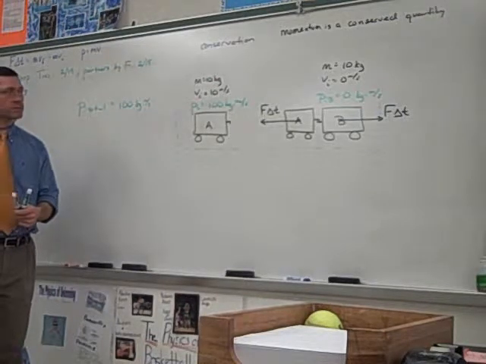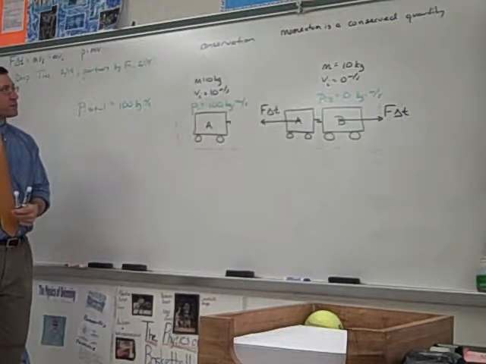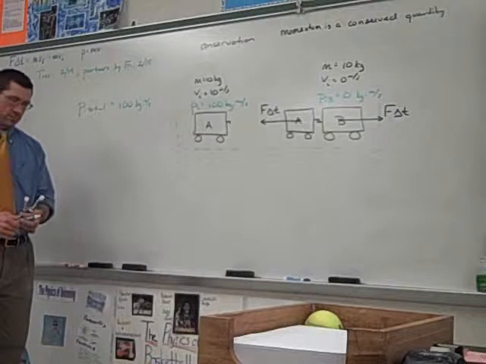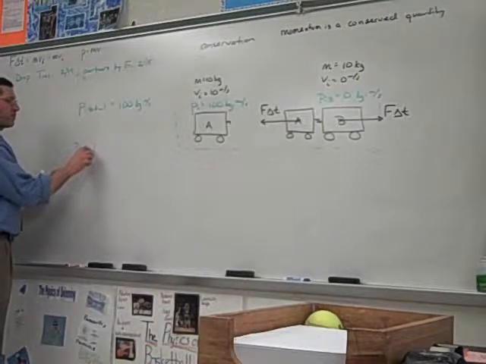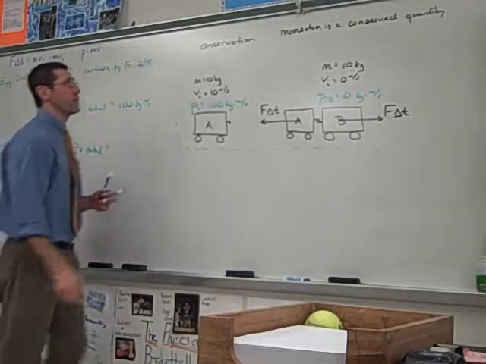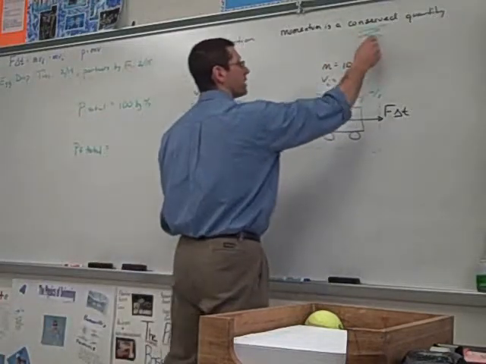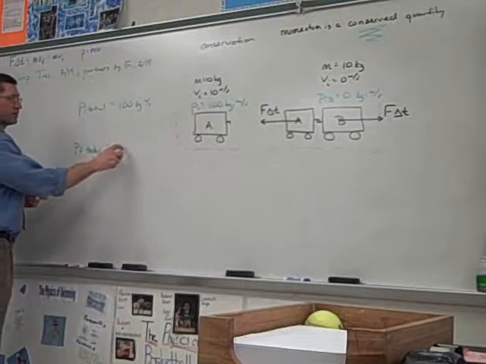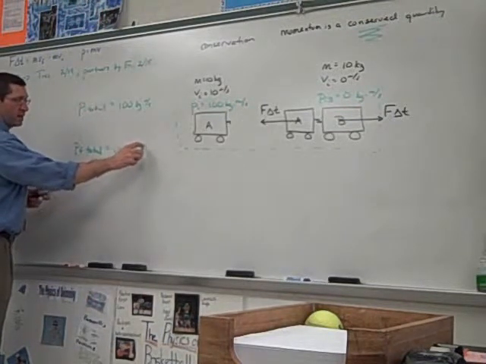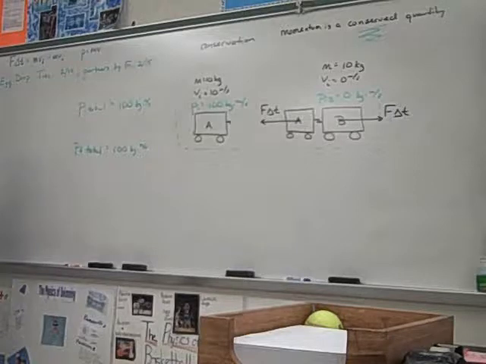5 meters per second. So what is the final momentum if momentum is conserved? If momentum is truly a conserved quantity, the final momentum in the system still needs to be 100, right? Because we save it. We don't lose it. It's conserved. It stays the same.